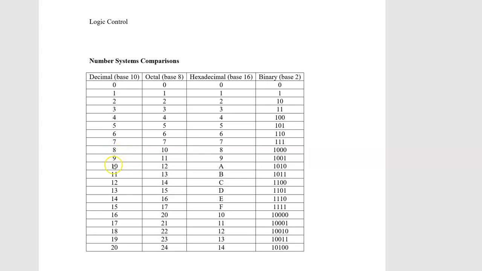So now I go 10, 11, 12, 13, all the way down to 19. Again, once I run out of digits, I change this to a 2 and repeat the process. Notice we have 10 symbols. The base tells us the number of symbols, 0 through 9 for base 10, and once we run out of symbols, we start repeating.